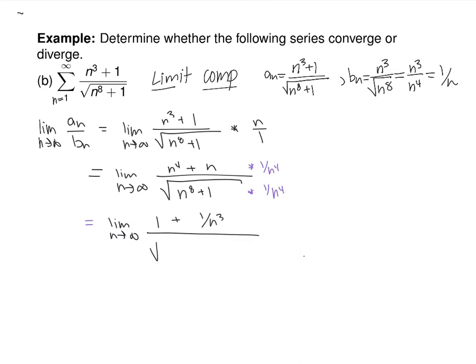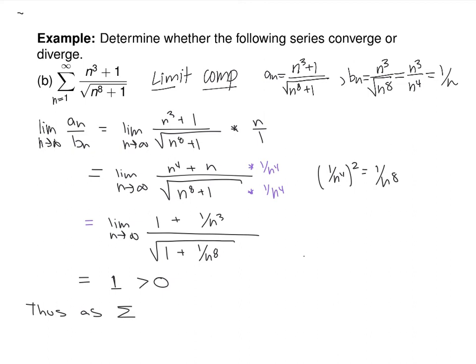Now in the denominator, when that 1 over n to the 4th goes into the square root, it must be squared, and 1 over n to the 4th squared is 1 over n to the 8th. So that makes this term a 1, and that a plus 1 over n to the 8th. And now you can conclude that as n goes to infinity, this limit goes to 1, and that number is bigger than 0.